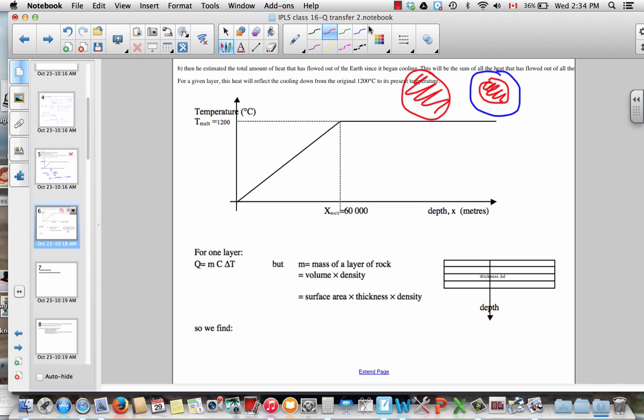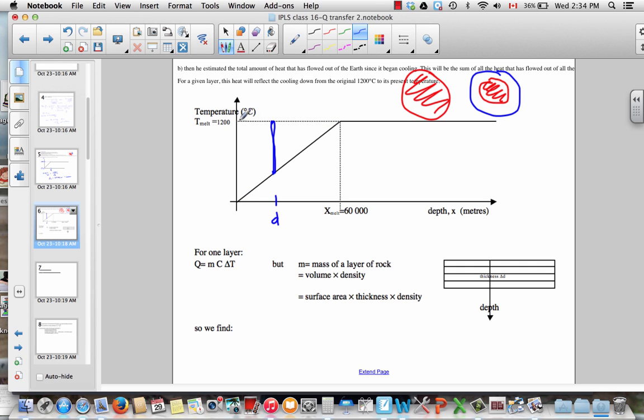So he said each one of these layers of rock at a given depth, say we're at some depth that's less than the 60,000, has cooled down from 1200 down to its current temperature. So that is the temperature change of a given layer of rock. And the ones that are deeper haven't cooled down as much.